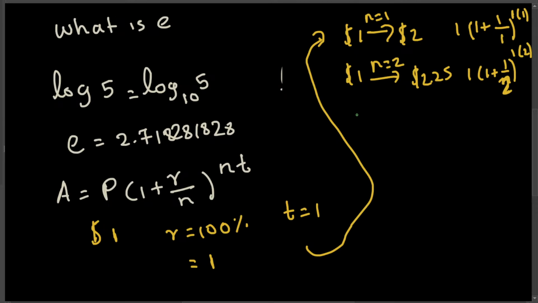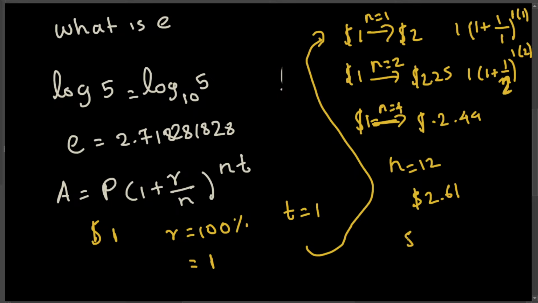You can calculate for the number of times compounded per year being 3, or let's expand a little bit more. If you plug it into the equation and calculate this one, you get 2.44. If you plug in n equal to 12, you will get the amount to be $2.61.